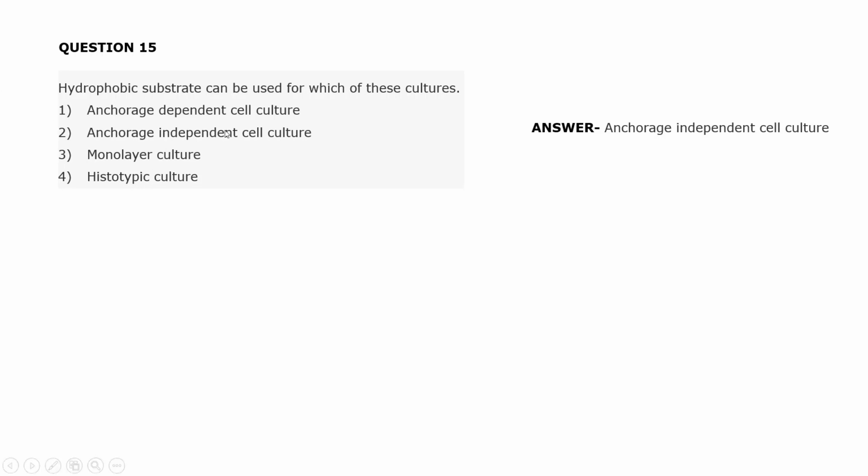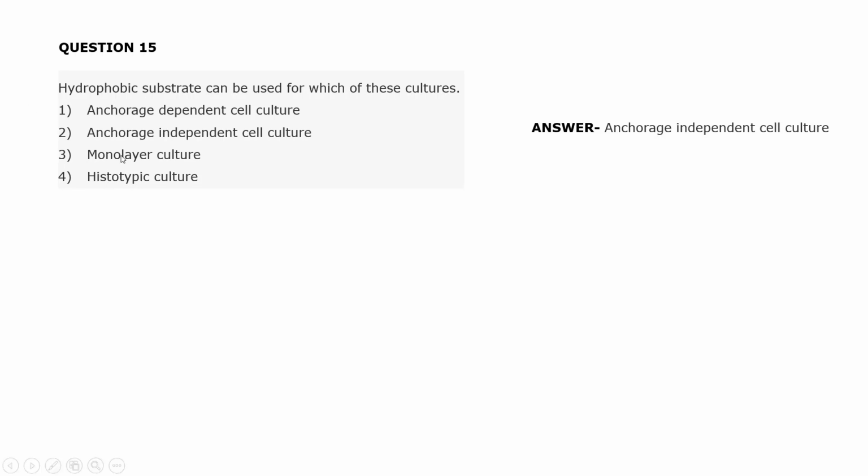Anchorage independent cells are provided in suspension culture, because they don't attach to an extracellular matrix; they are suspended within the culture medium. So they don't require a hydrophobic substrate or attachment to an extracellular matrix for proliferation or growth.